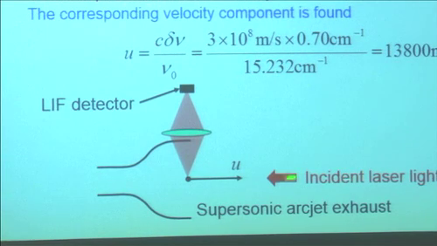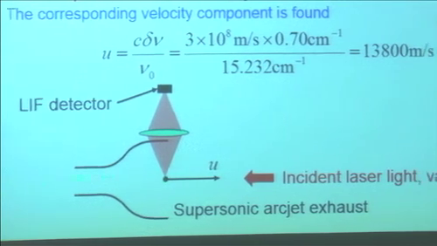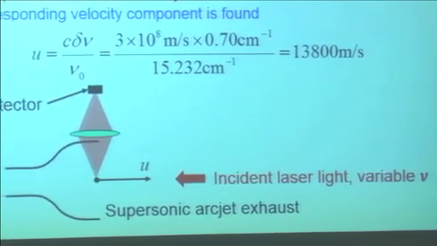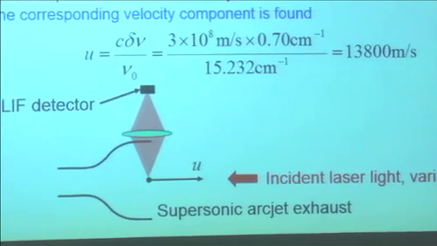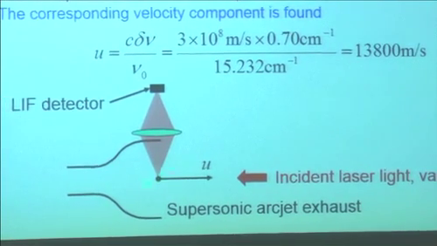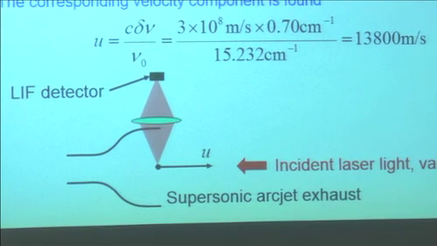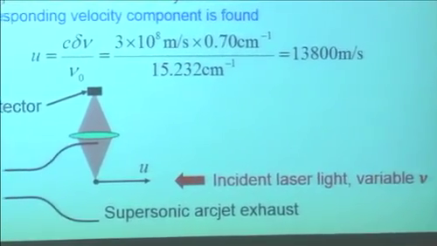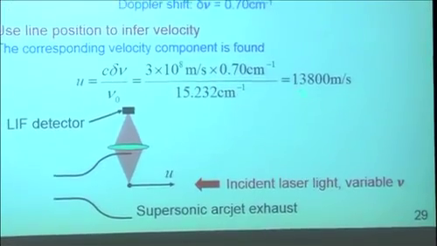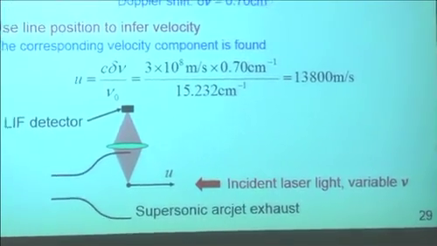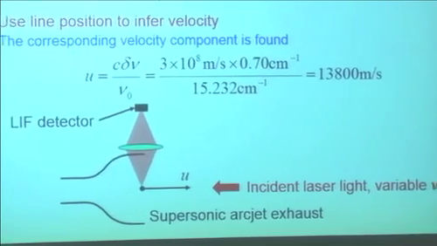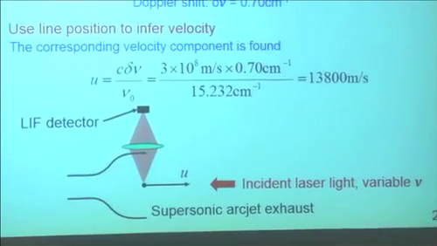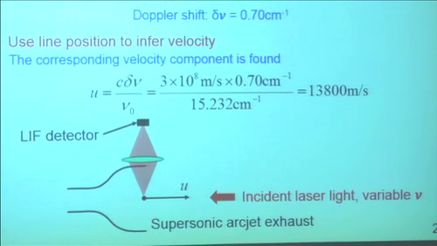We sent in laser light so that's opposed to the flow, and we captured the fluorescence at right angles, and we spectrally resolved the fluorescence as a reflection of the absorption spectrum, and we measured the shift. So he measured the Doppler shift of 0.7 wave numbers and found that the velocity was 13,800 meters per second, 13.8 kilometers per second. We have used this Doppler effect to measure velocities up to 15 kilometers per second and down to a few meters per second.